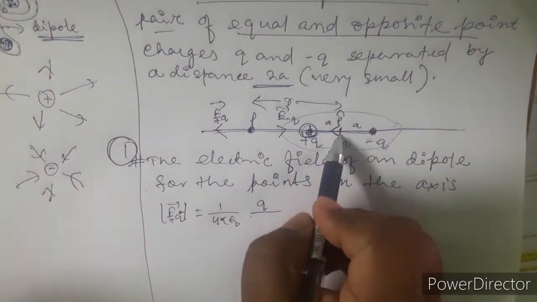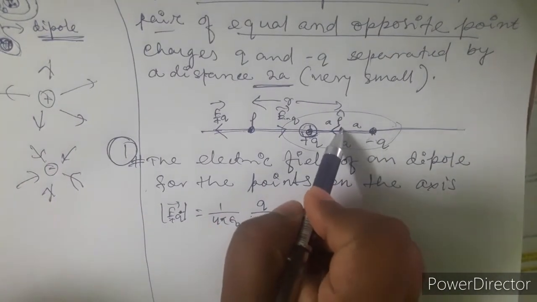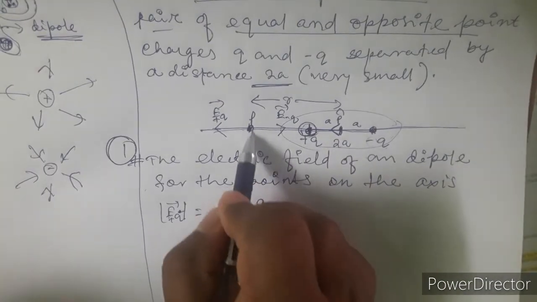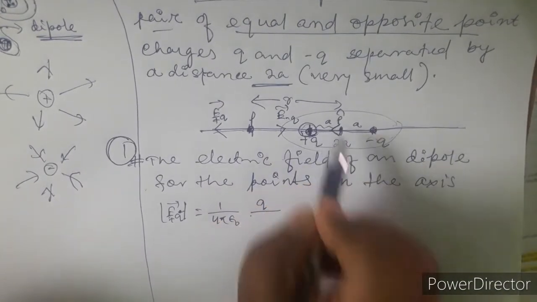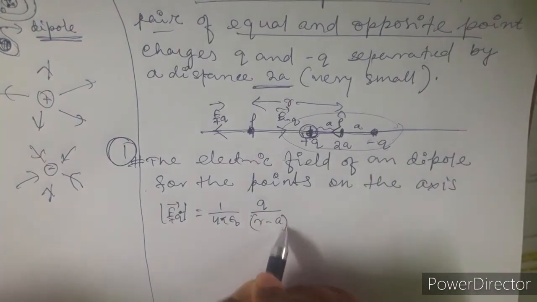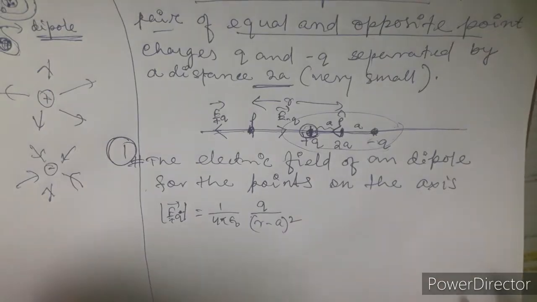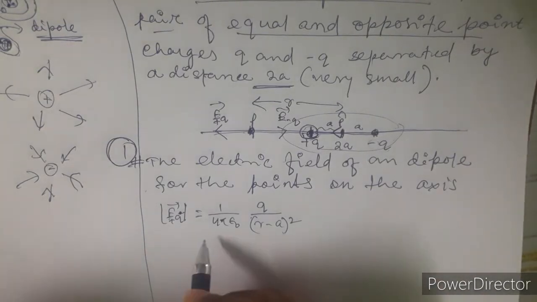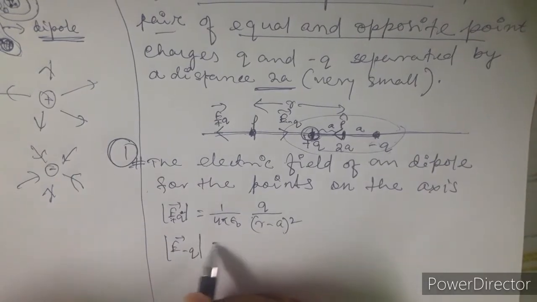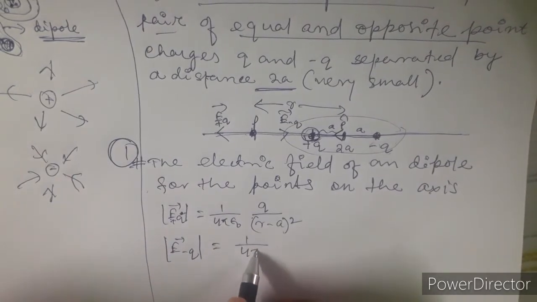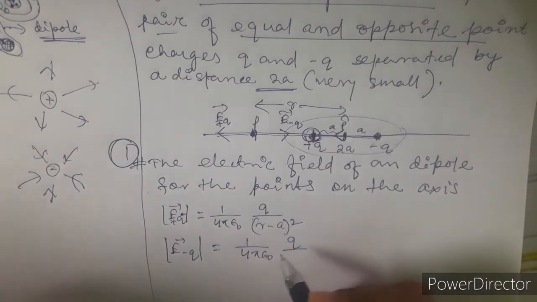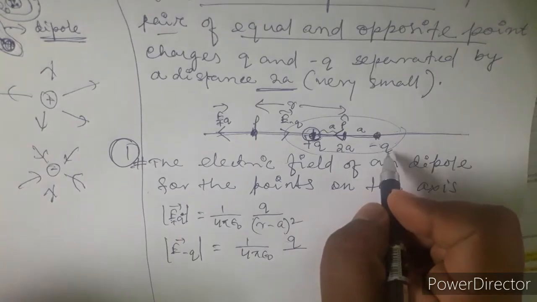If the distance from the center to P is r, then what will be the distance from plus q to P? Now it is r minus a, isn't it? So it will be r minus a whole square. I am writing the magnitude only, I will write the direction at the end. Now E minus q magnitude will be 1 by 4 pi epsilon naught, the charge magnitude is q.